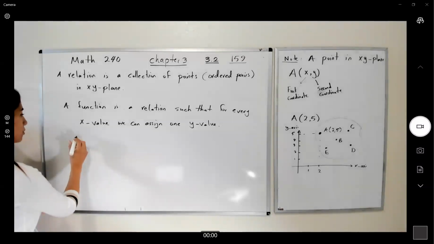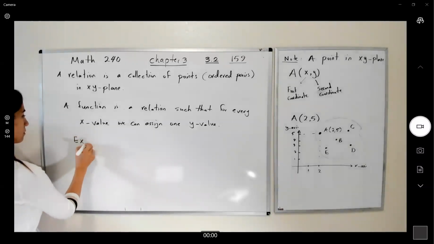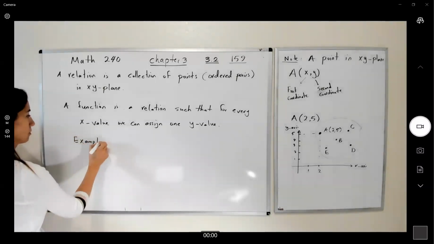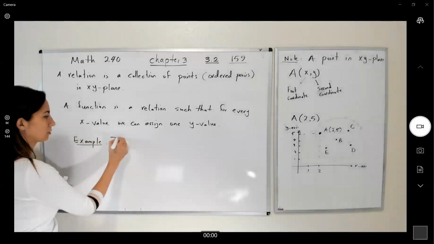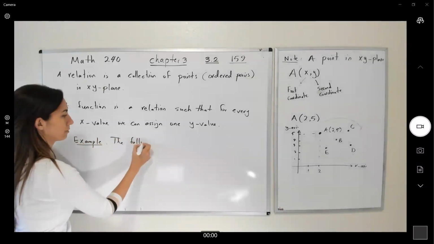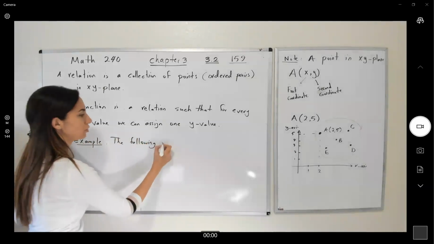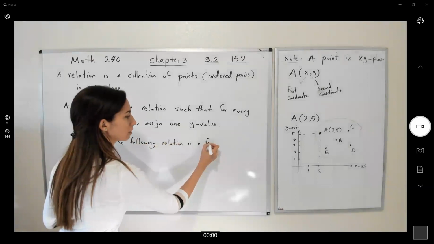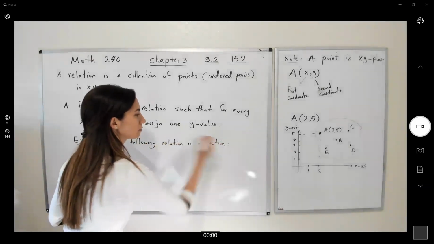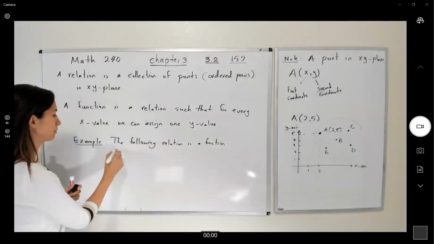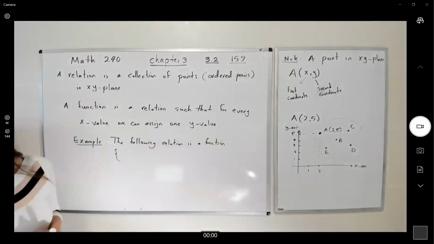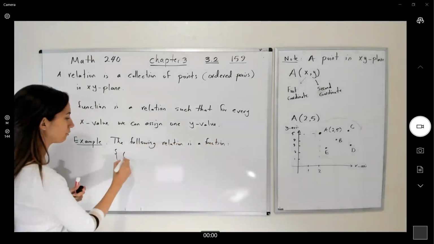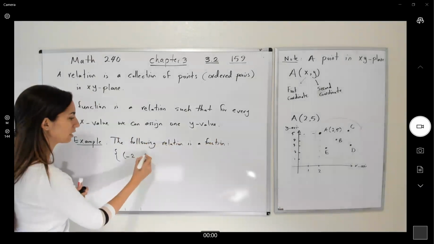Consider this example. The following relation is a function. So what is the relation? We have a collection of these points: -2 and -1.